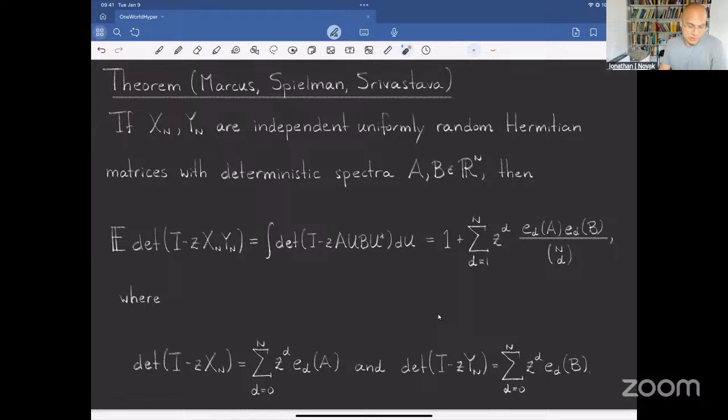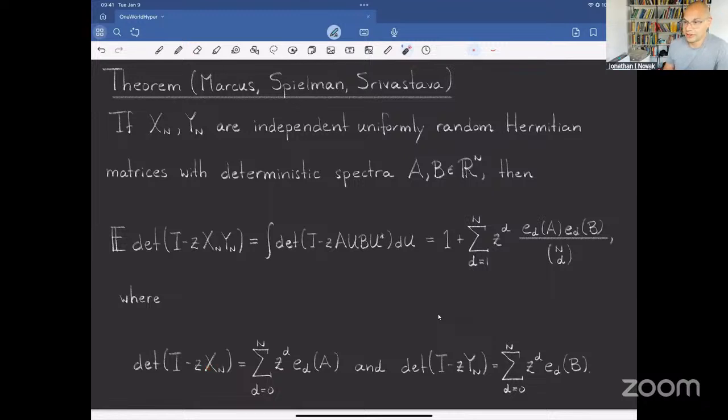And something that comes out of their work is that if Xn and Yn are two independent uniformly random Hermitian matrices with deterministic spectra A and B, two real vectors in Rn, then the expected characteristic polynomial of the product of these matrices, which is this integral, determinant of I minus Z A U B U star, can be expressed in a very succinct way in terms of the coefficients of the characteristic polynomials of each of Xn and Yn, which are non-random.